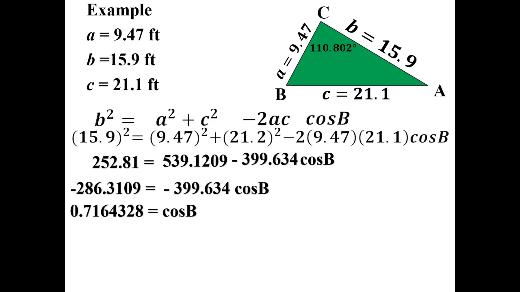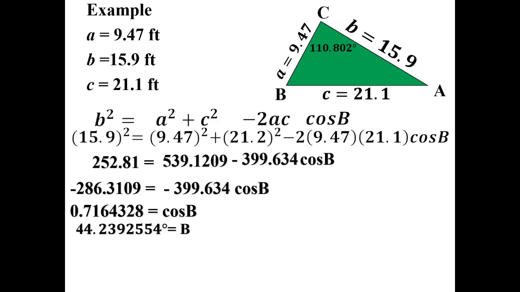What's preventing angle B from being alone is the cosine, so we will apply the inverse cosine to both sides. Making sure your calculator is in degree mode, when I take the inverse cosine of 0.7164328, I get 44.2392554 degrees.